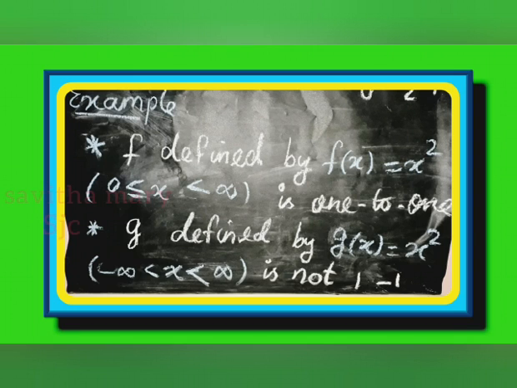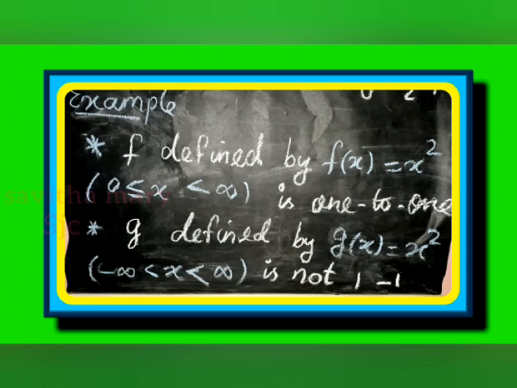The second example is g of x equal to x squared with the region minus infinity less than x less than infinity, which is not a one-to-one function because there is no mapping to different elements. See the image in the next slide.